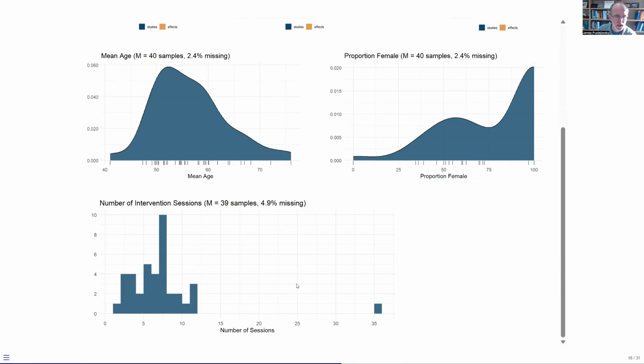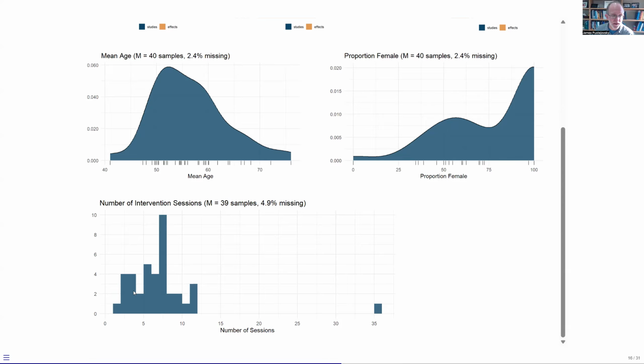Here's one more. This is the distribution of the number of intervention sessions used in each of the studies. In most cases, the interventions were fairly brief, between 1 and 12 intervention sessions. But then there's this one outlier that was a much more intensive intervention.